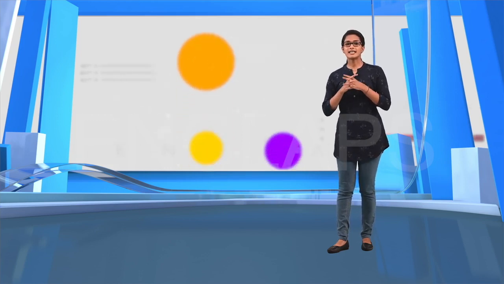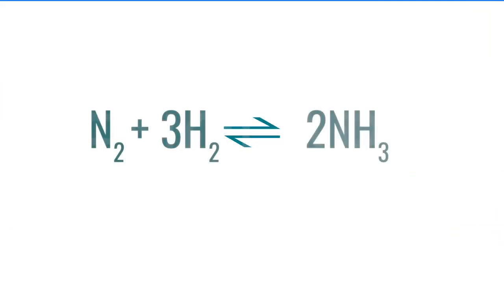Now, let us examine the influence of pressure in the manufacture of ammonia. Look at this equation. N2 plus 3H2 reversibly gives 2NH3. In this equation, what is the total number of moles of the reactant molecules? 4. That is total volume 4, right?